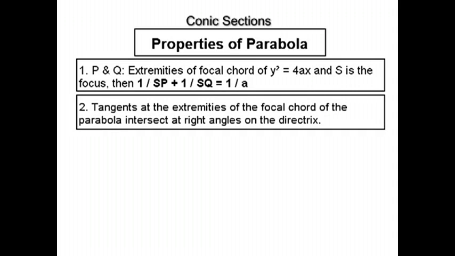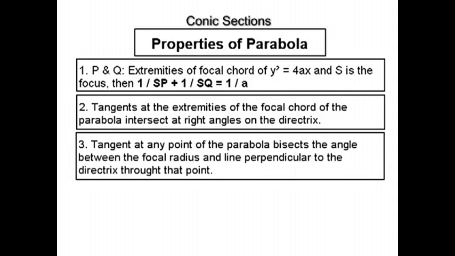Second, tangents at the extremities of the focal chord of the parabola intersect at right angles on the directrix. Third, the tangent at any point of the parabola bisects the angle between the focal radius and the line perpendicular to the directrix through that point.